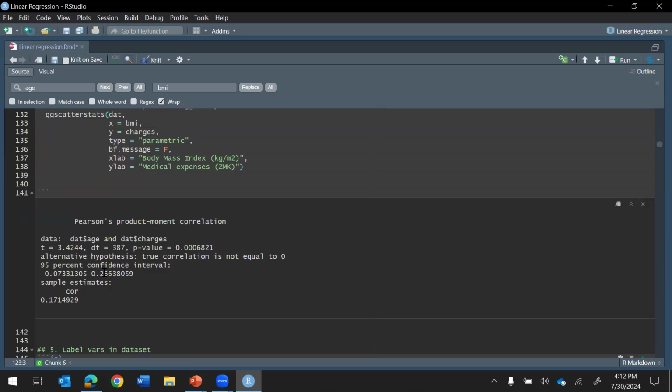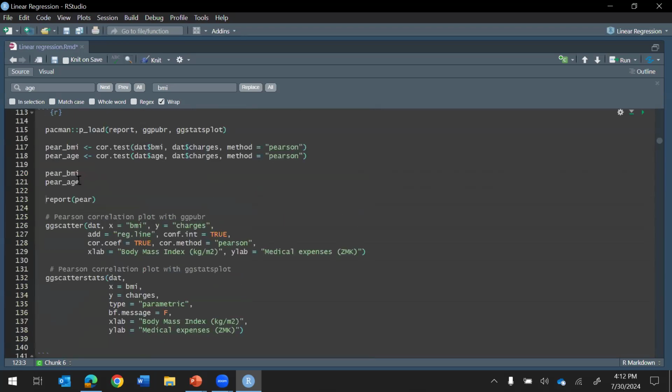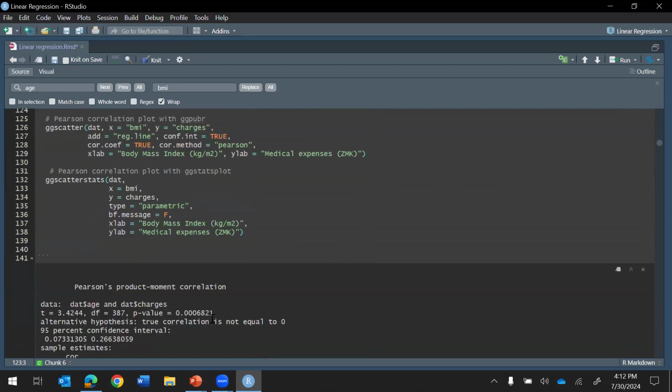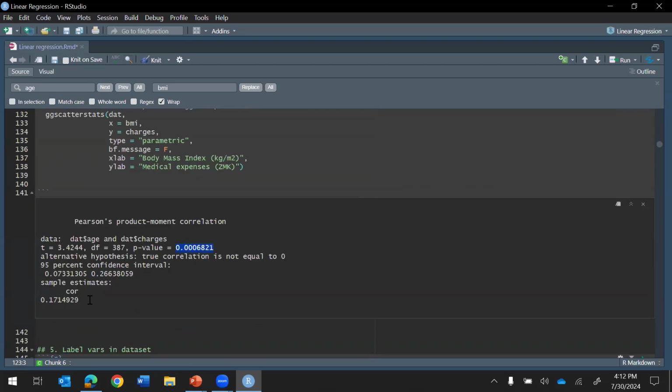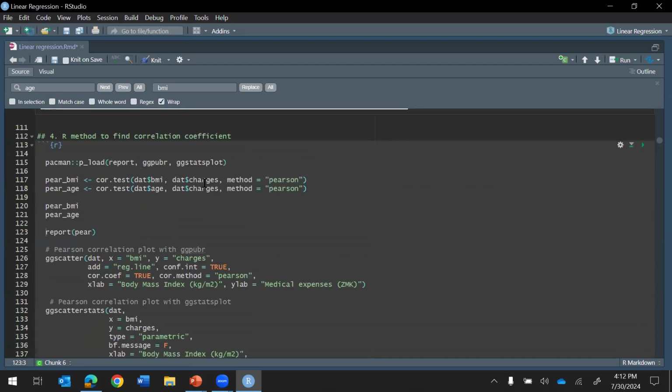It tells us that the correlation is 0.71. That's the 95% confidence interval, and that's the p-value. And if you use the report part, you will see that for BMI, the correlation is large and significant. For age, the correlation is small, but nonetheless significant.